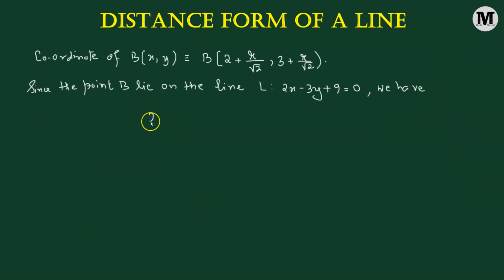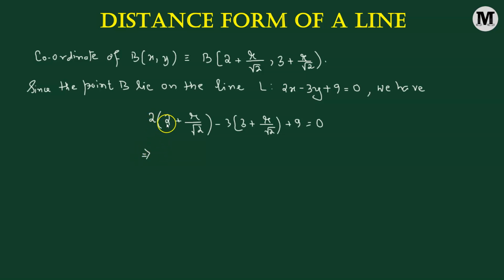So we will get 2 times (2 plus r over square root of 2) minus 3 times (3 plus r over square root of 2) added to 9 equals 0. So we get a new equation, and once we solve this equation, we'll be able to find the value of r. So let's do that.